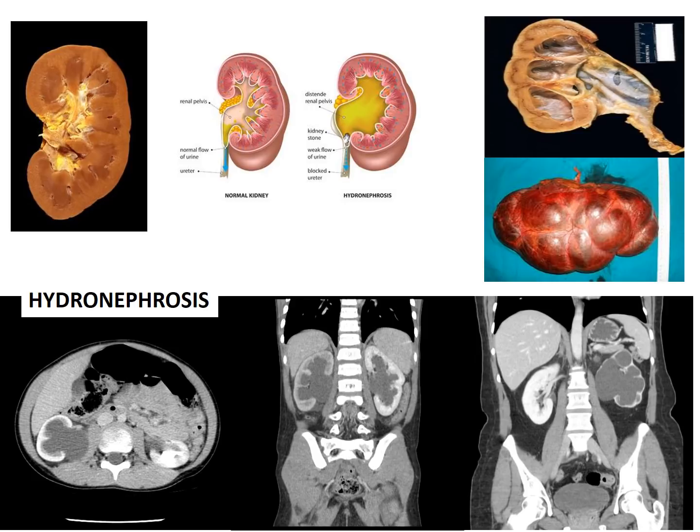So that is a surgical emergency, and that hydronephrosis has to be relieved, otherwise there will be further damage happening to the kidney. And then on the CT scans, look at the axial, coronal, and sagittal sections, and you can see hydronephrosis in those kidneys.